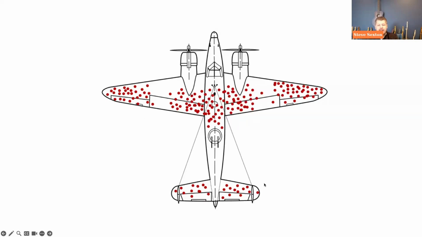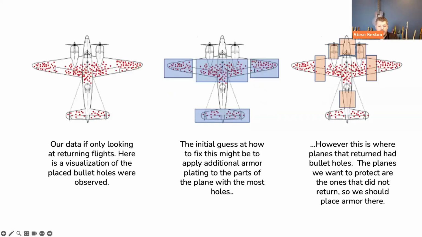What we're not seeing is that the planes that don't come home probably have bullet holes in the areas where we're not seeing bullet holes depicted, which means those are the areas that a plane can't survive in. So if we're only looking at the data of returning flights, we're only getting a piece of the story. The initial thing might say, let's fix these areas, when really what we should be looking at is fixing the areas with no bullet holes.